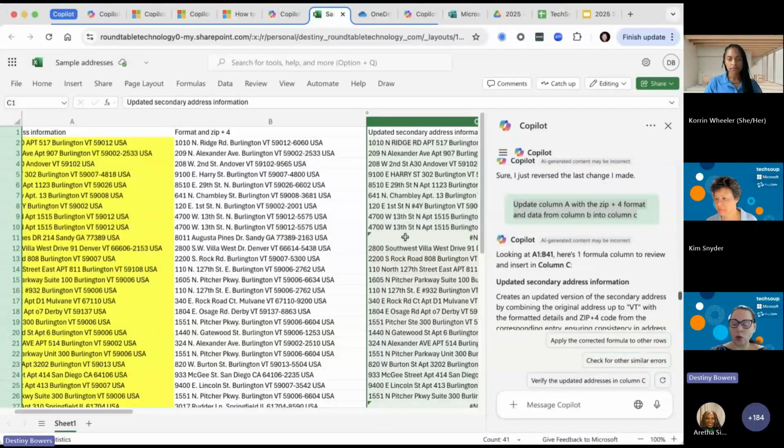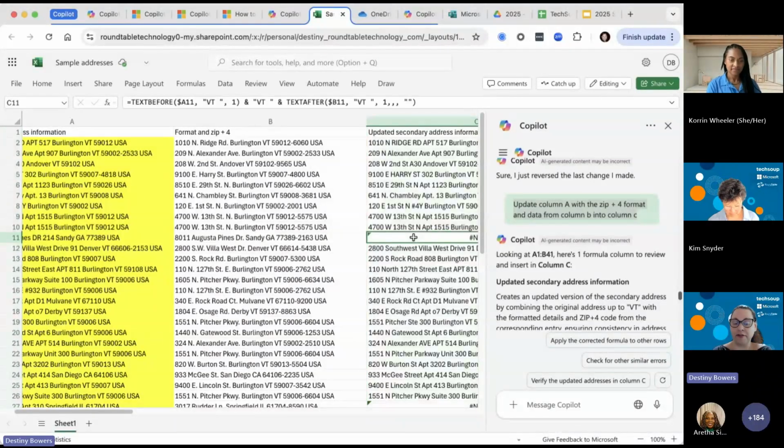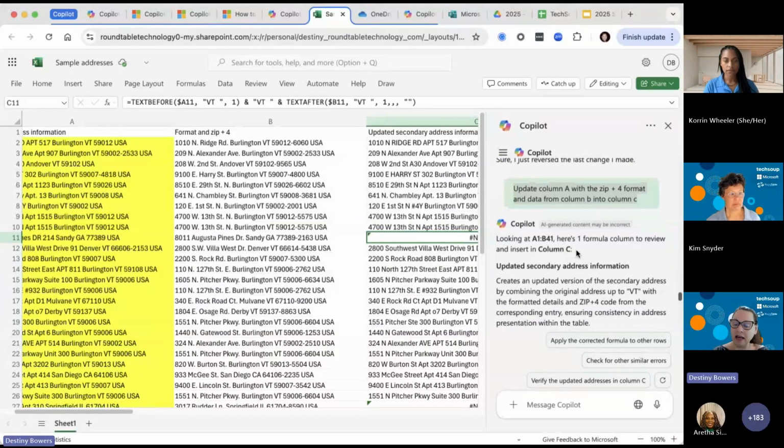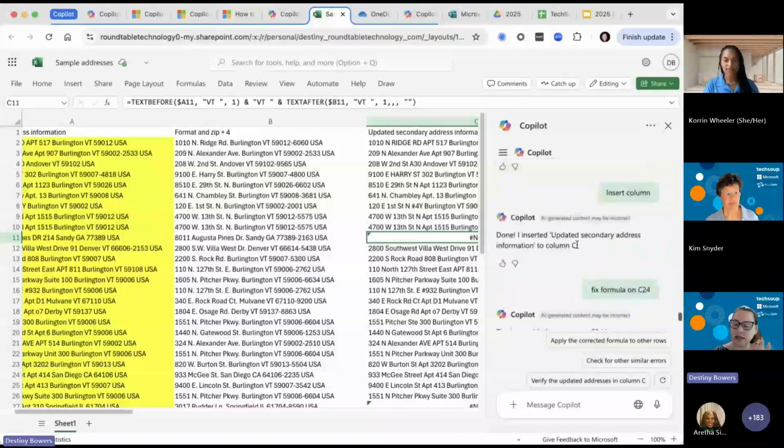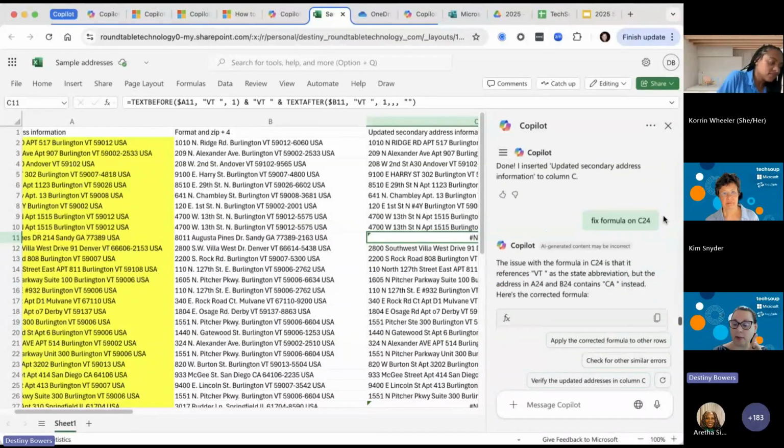But then I saw, well, wait a minute, there were errors in a couple of these. And I don't know or understand the formula well enough to understand why there's an error. So I was able to ask it, hey, can you double check that for me? Because there's a problem on one of these.